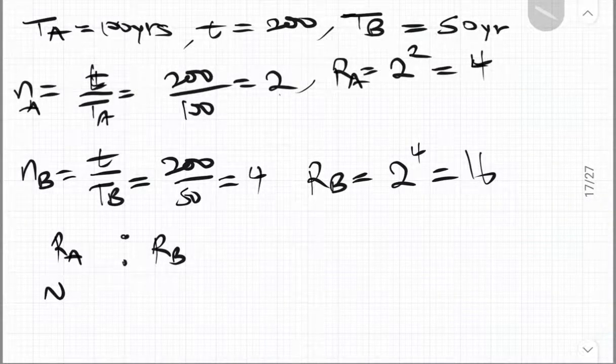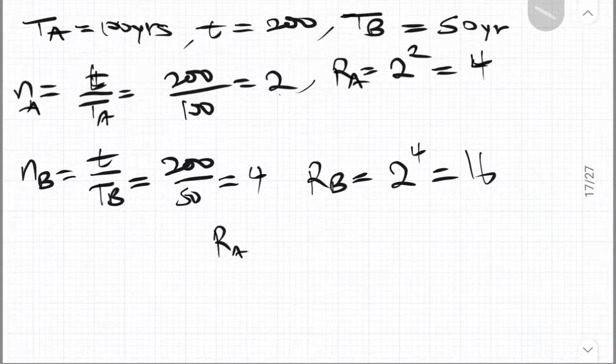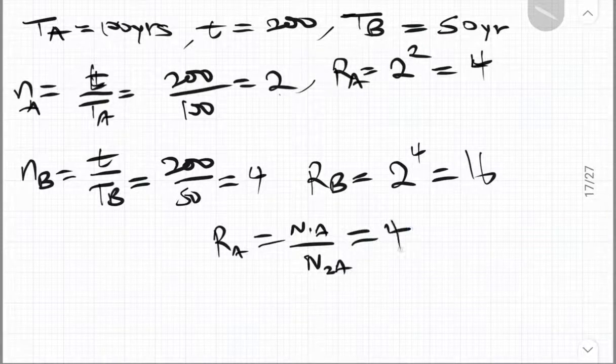Of course, that won't actually work. Let's look at an alternative way. Since we know that R_A is N initial A over N final A, and this is 4, that means N2 of A will be N initial of A over 4.